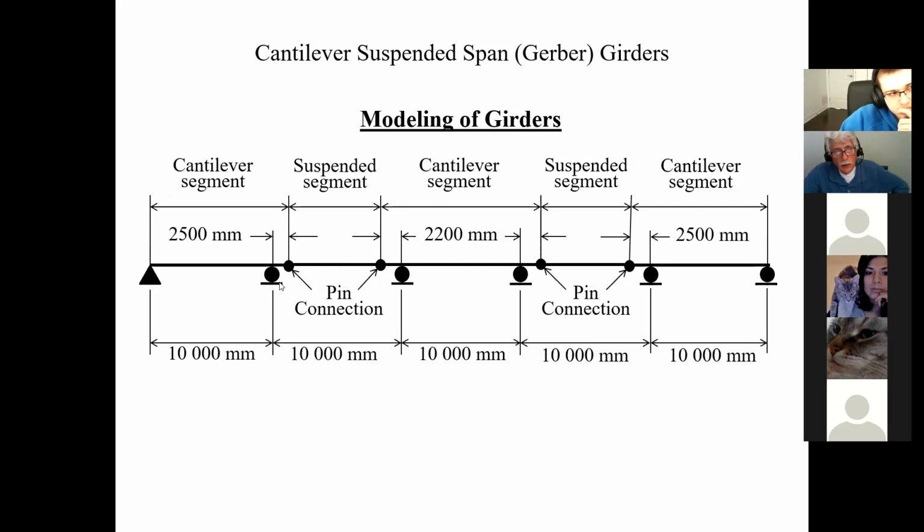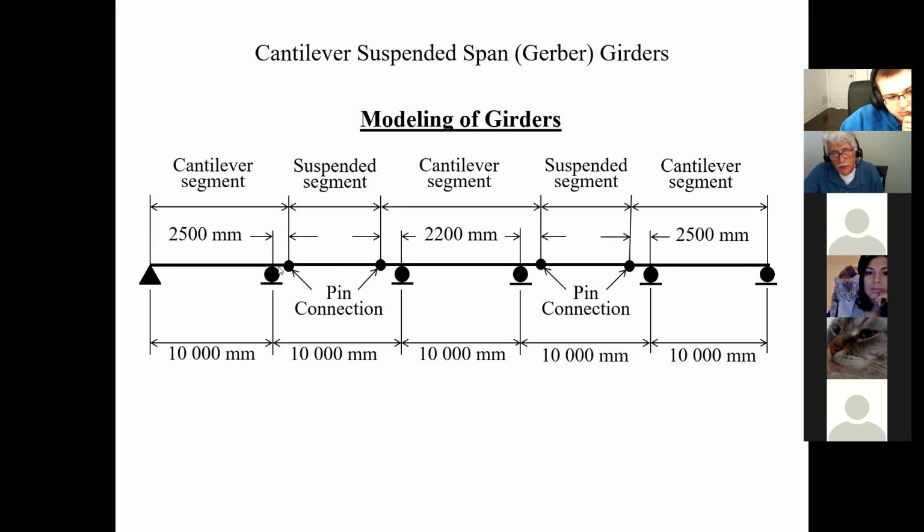Okay, so here what we're going to do is make the cantilever here, the overhang, 2.5 meters. On this side, we're only going to make it 2.2 meters, and it's going to be symmetric on this side. And of course, in order to create this realistically, this member is going to be pin connected.